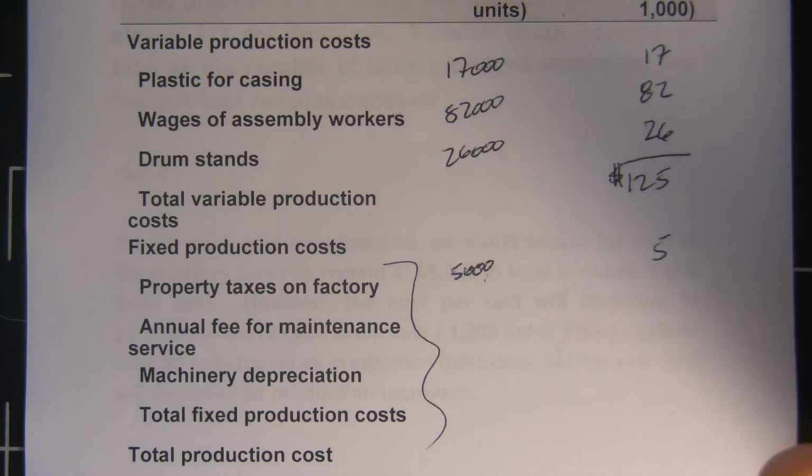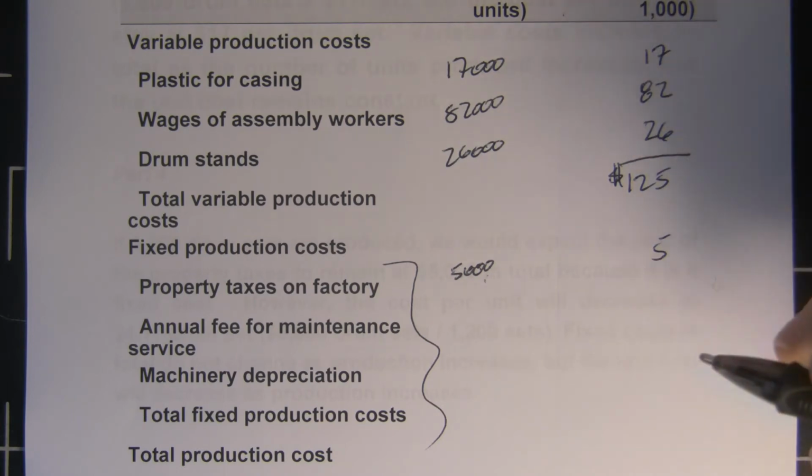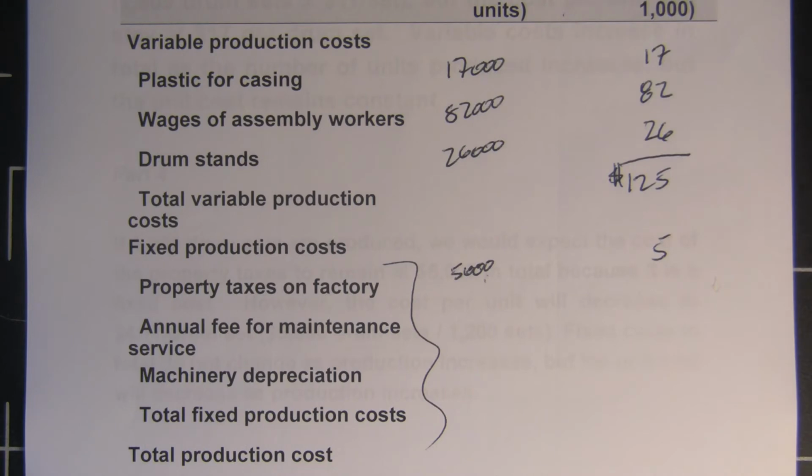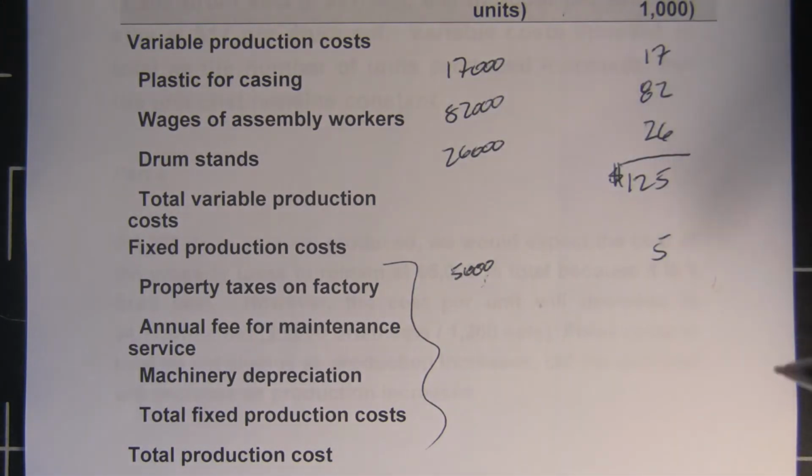It stays constant in total, but varies at the unit level. So if we had made 2,000 drums, the cost would have been $2.50. If we made 25,000 drums, it would have been 50 cents. That's the concept of fixed cost. Stays constant in total, varies at the unit level.